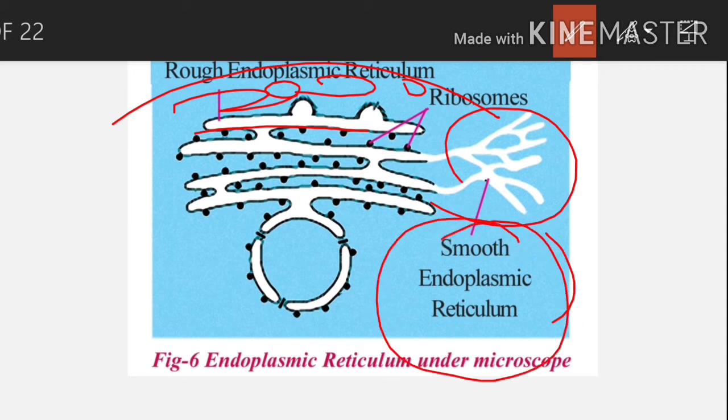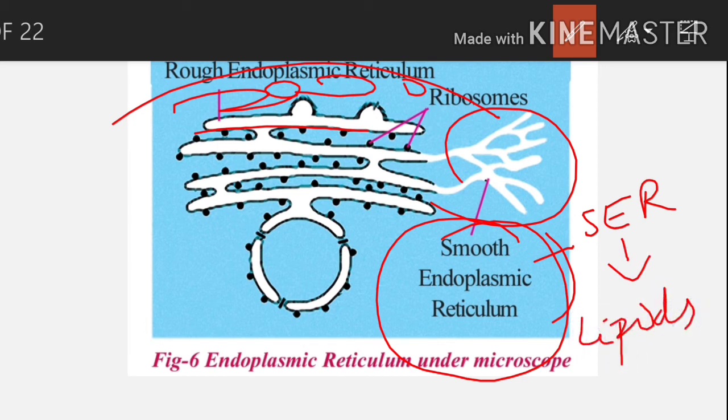The main function of the SER, as we can simply call it, is the manufacture of lipids, and it is very important for cell function. The manufactured proteins and lipids are then sent to various parts of the cytoplasm of the cell, and also these lipids and proteins help in building the plasma membrane.